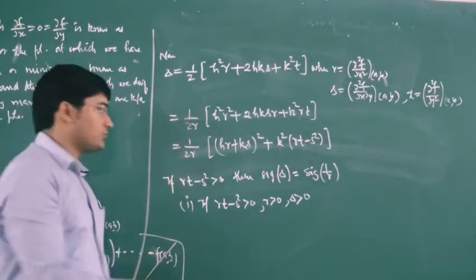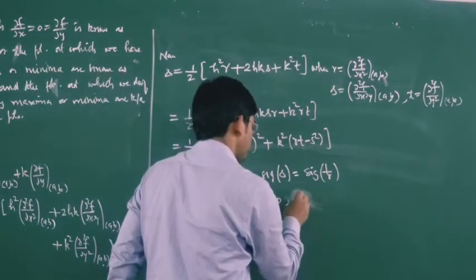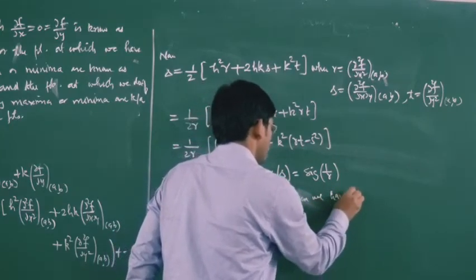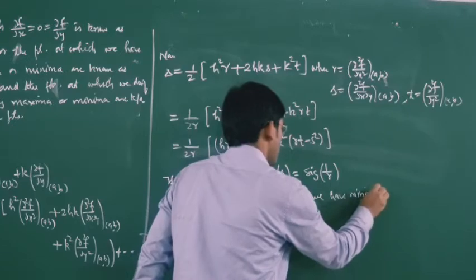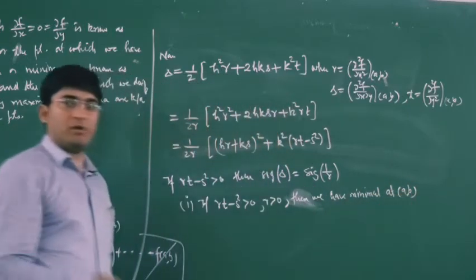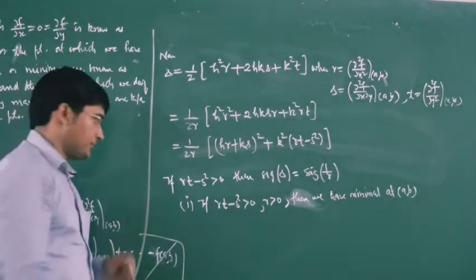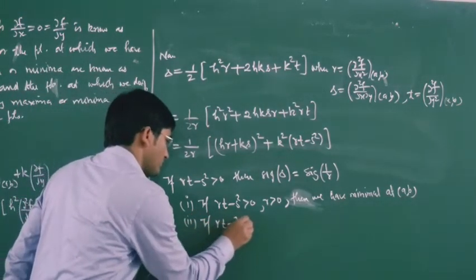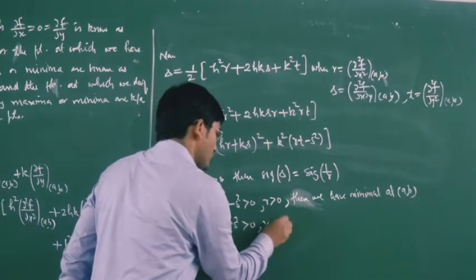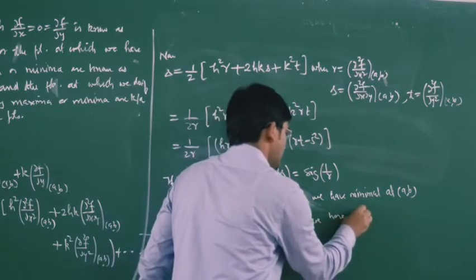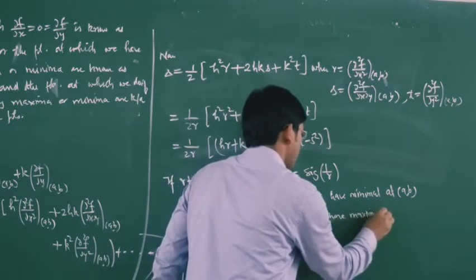Now if your delta is positive, then we have a minimum at (a, b). So this is the condition for a minimum for a function of two variables. Second point, if rt minus s square is greater than 0 and your r is less than 0, then we have a maximum at (a, b).